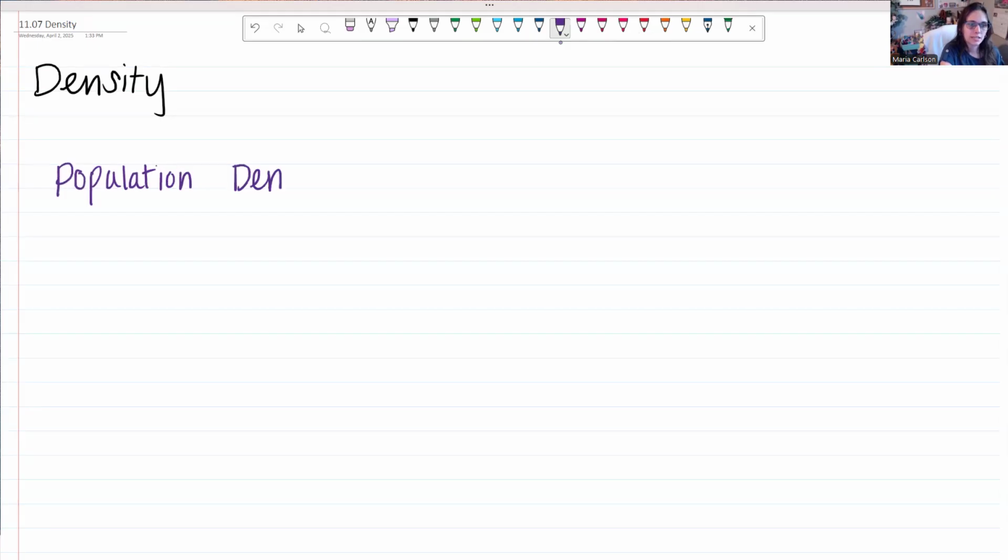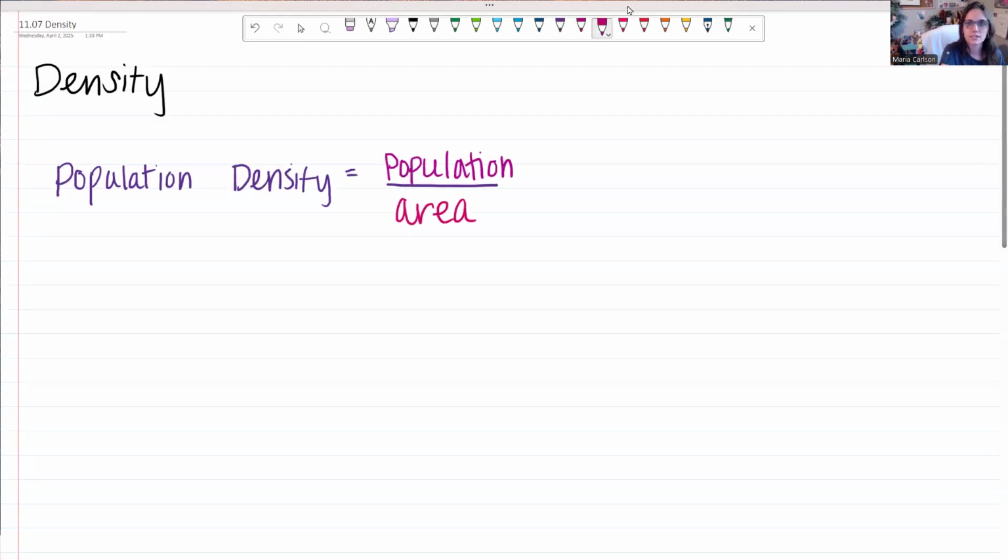And your population density really is a rate. Your population density is the ratio of the population, the size of the population, to the area in square units.